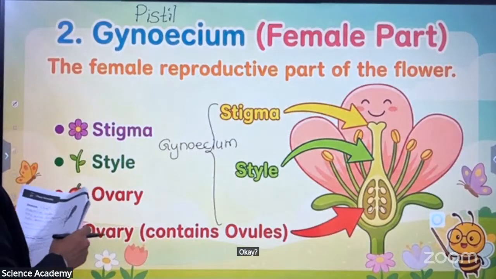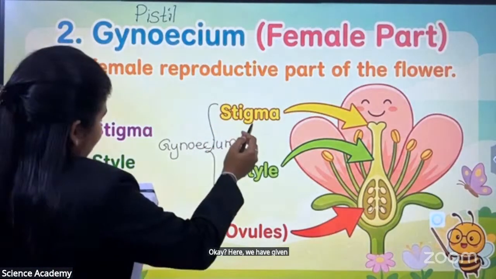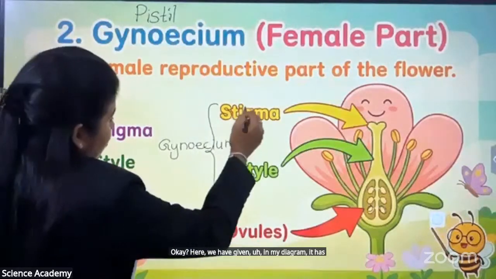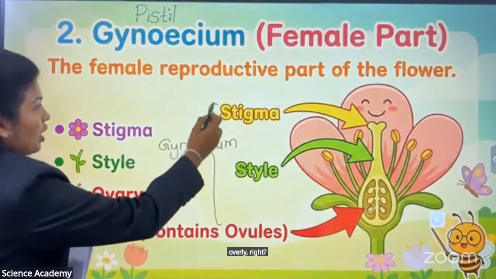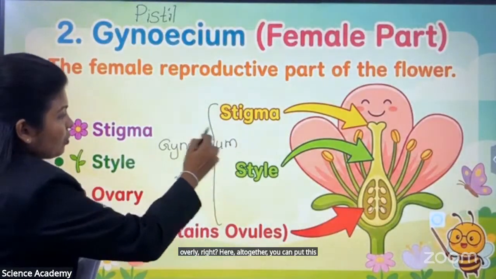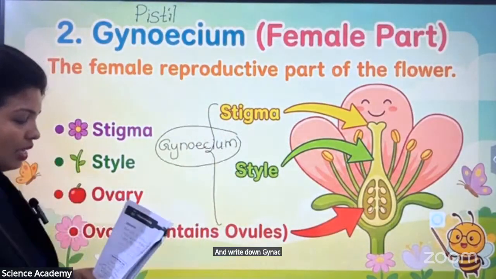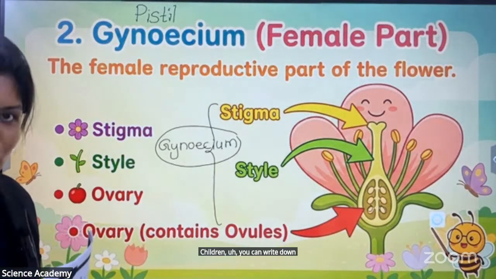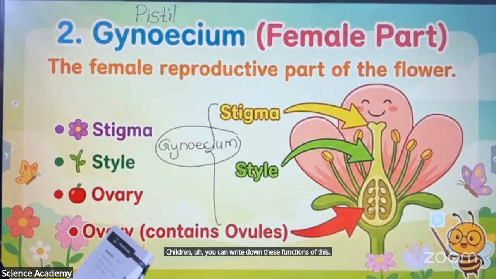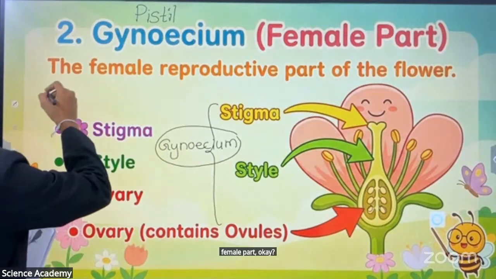Okay, in my diagram it has given stigma, style, and ovary. Here all together you can put a bracket and write down gynecium. Okay, children, you can write down the functions of this female part. Here I am writing a few functions.